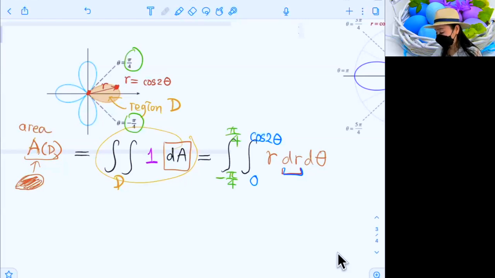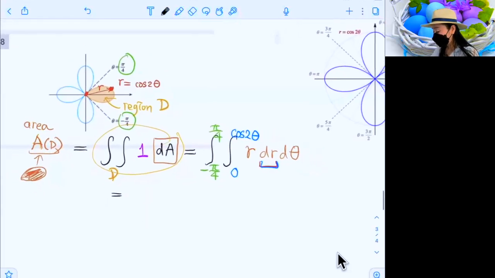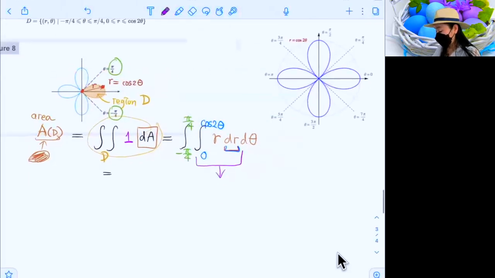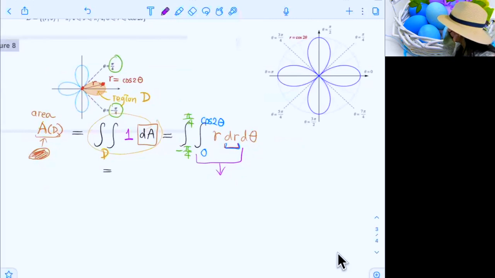Now, how do we evaluate this? Let's continue. After this, what should we do? You do the inner integral first, right? So let's find the inner integral, this inner integral over here. What's the antiderivative of r with respect to r?